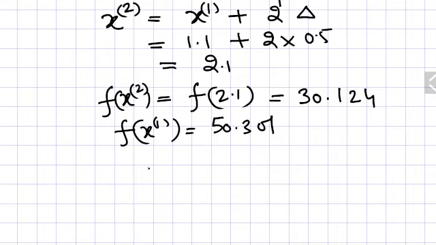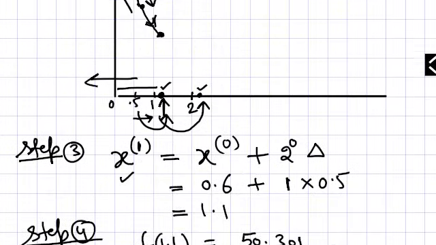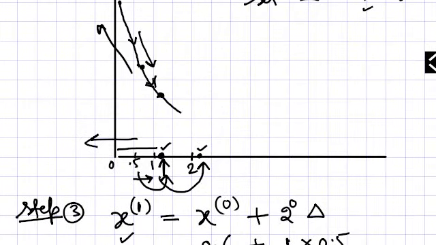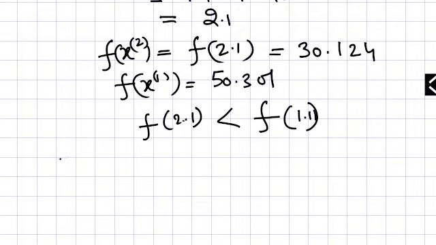So again we are having this thing that 2.1 is less than 1.1. So it means that it is showing this kind of trend. Again it is coming down. So again we will have to go to step 3 and decide next k.